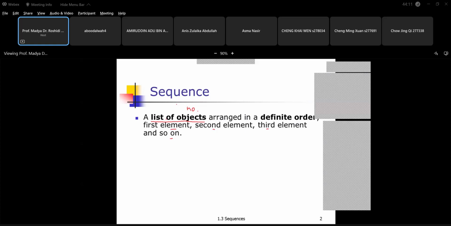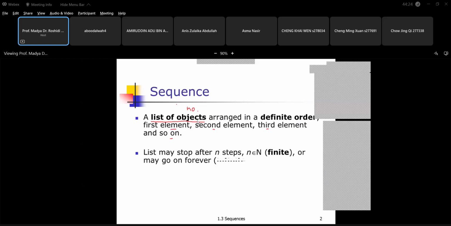So this list of objects may stop after n steps, so we can put n elements in set n, or it may go on forever. So that's why we call it finite.